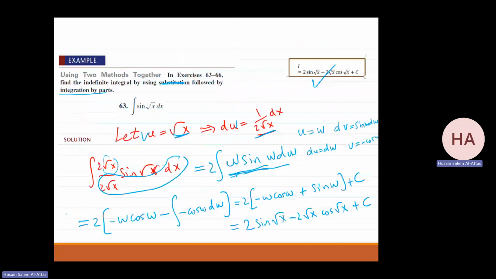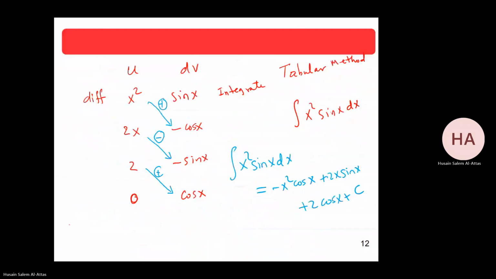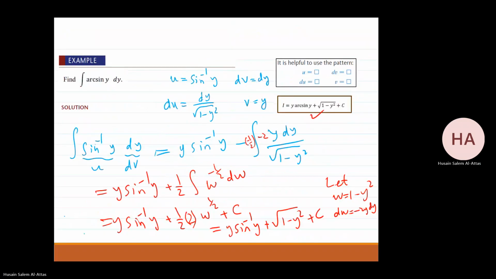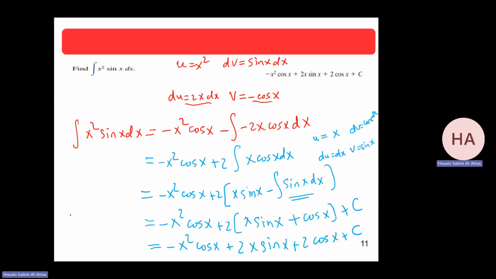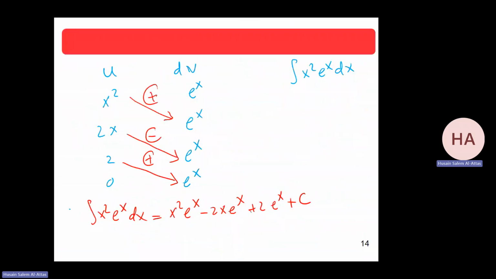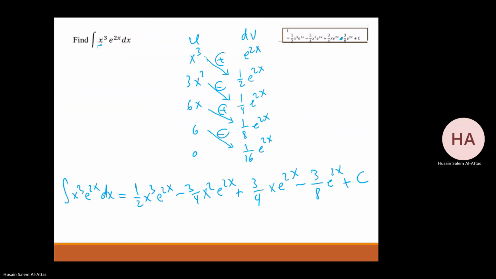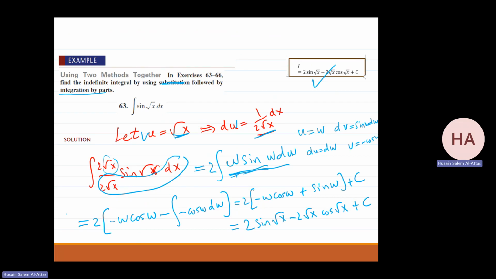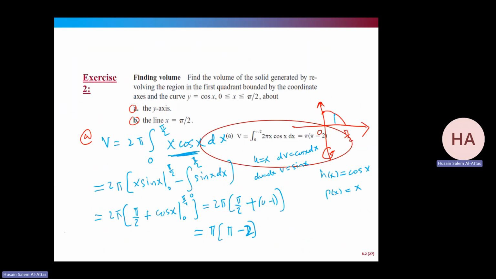I think we did it before. Yeah, I think I did the sine square root of x. Or no, did not do it. Yeah, this one, where we use 2 methods together. Yeah, the same idea, but with cosine, that's the case.